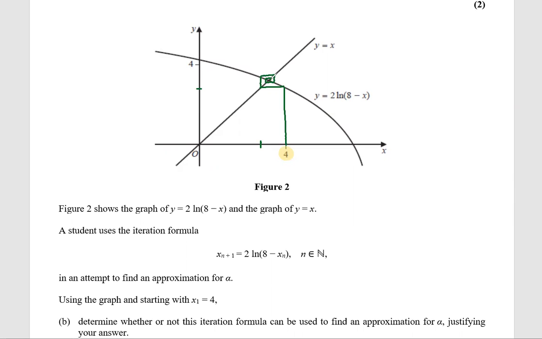Okay, so it says in the question, determine whether or not this iteration formula can be used to find an approximation. Well, yes, it can be used. And the reason is because the cobweb diagram, which is what we've just drawn, is spiraling inwards.